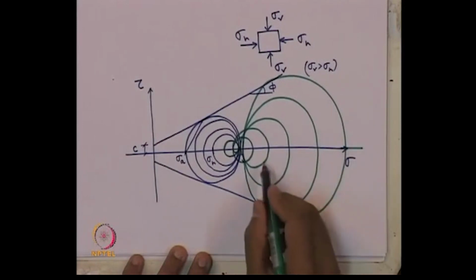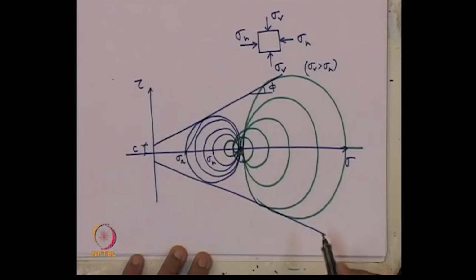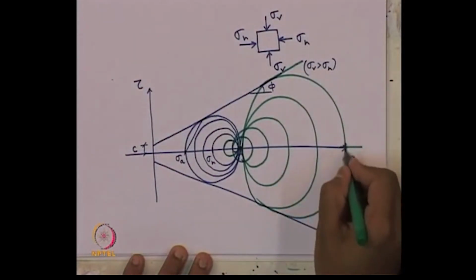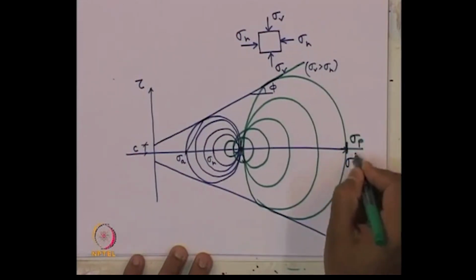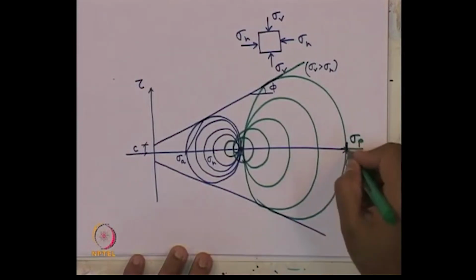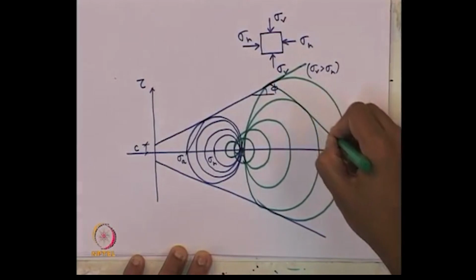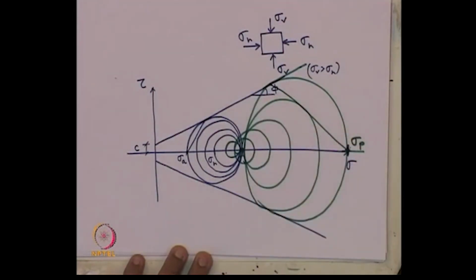So, when it touches this failure envelope once again, this is the value of maximum earth pressure, which is sigma p, called the passive earth pressure. And that point, if you join with this failure envelope line, this is the inclination of your failure plane.